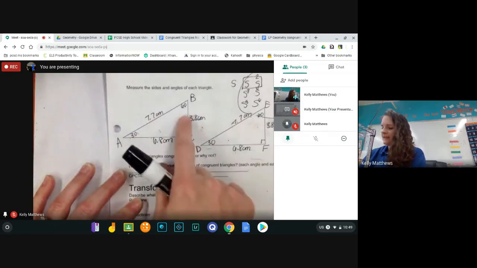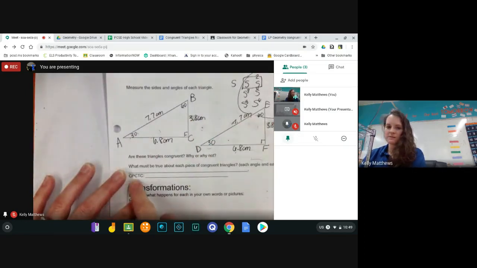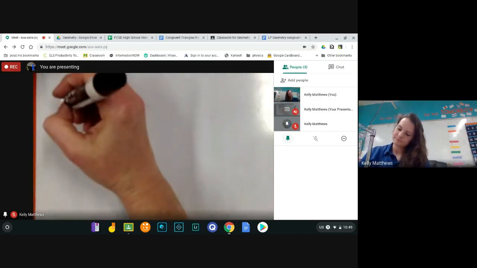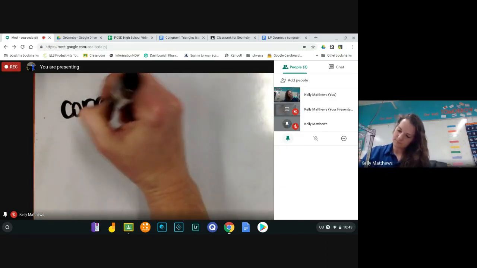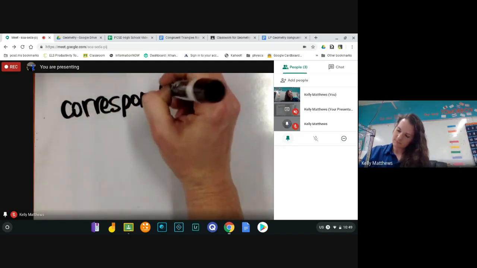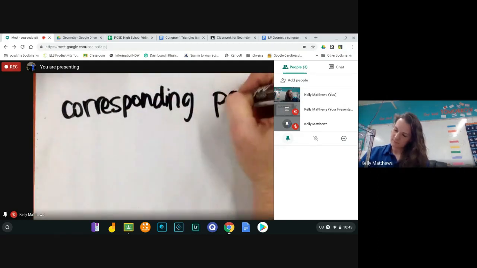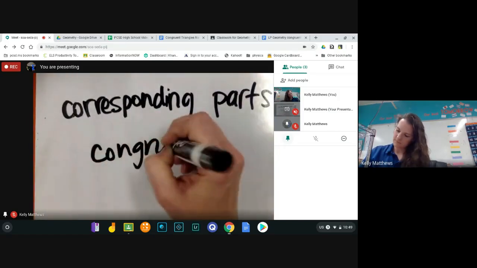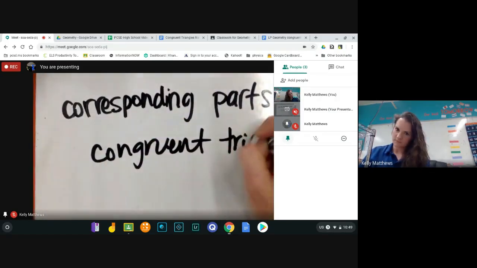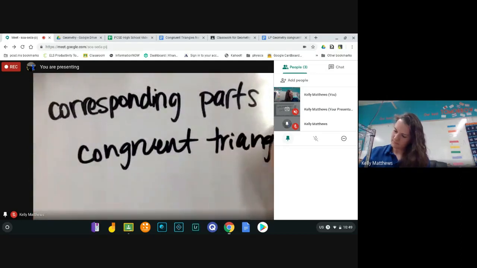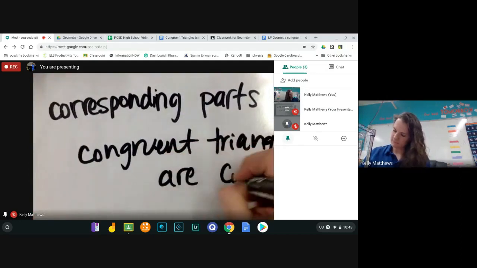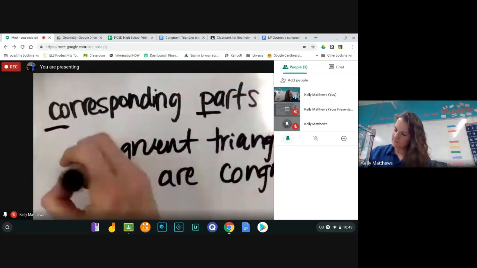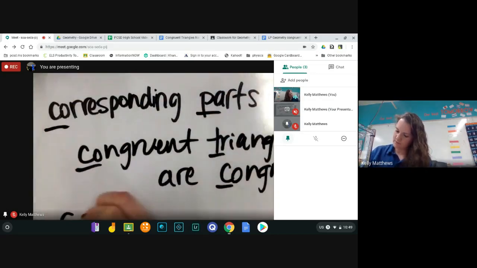And so we said that that meant corresponding parts of congruent triangles are congruent. All right, corresponding parts of congruent triangles are congruent.